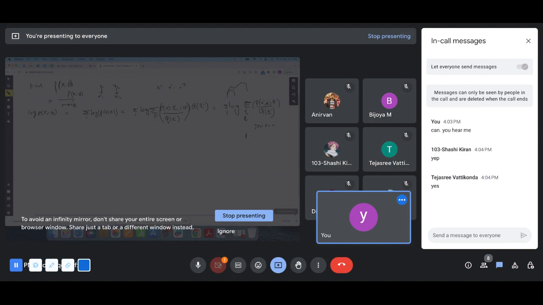It says that if f is convex, the expectation of f of x is greater than or equal to f of the expectation of x. If f is concave, the reverse holds.